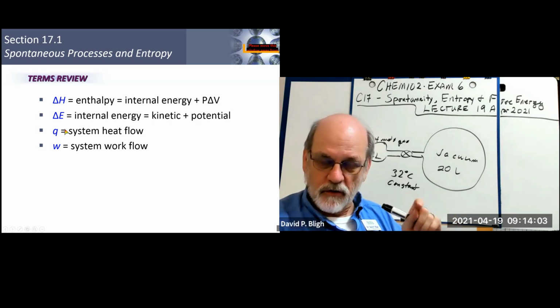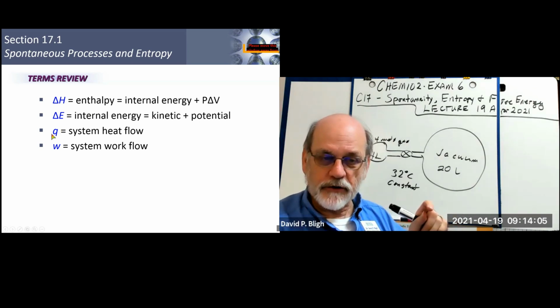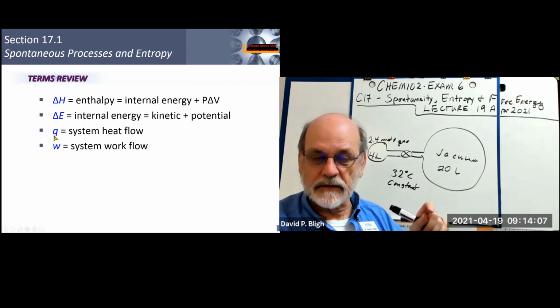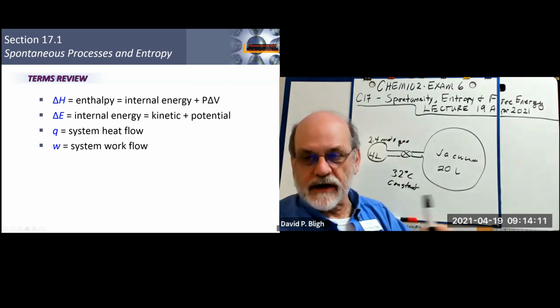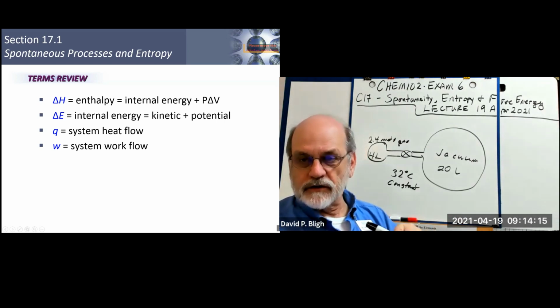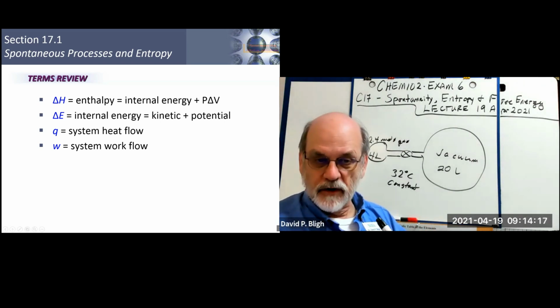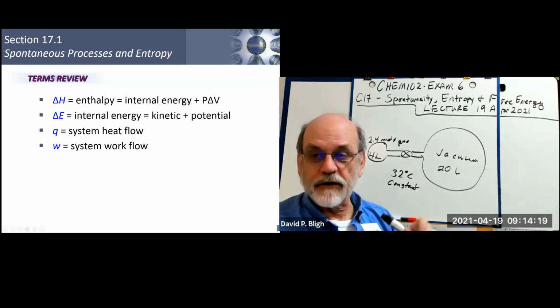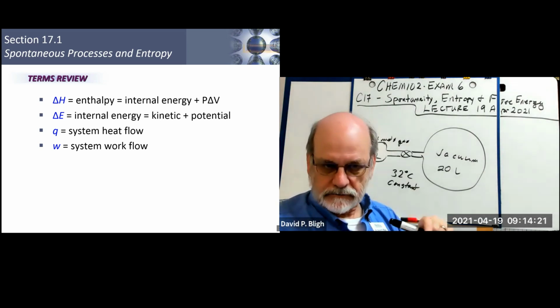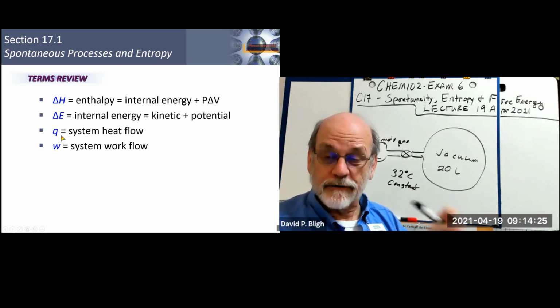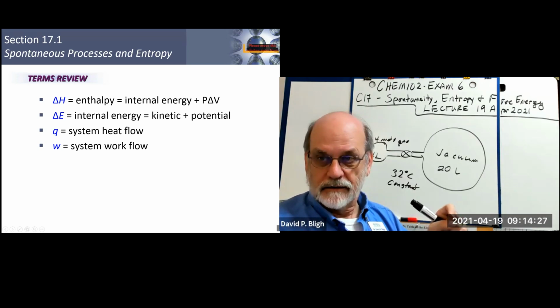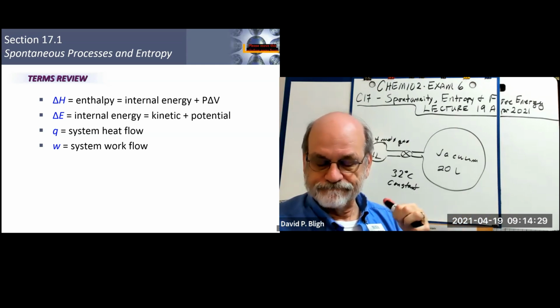Now, you remember, I hope, from first semester when we discussed thermochemistry, we sort of introduced concepts of thermodynamics there, but we didn't go into depth. We were only interested in the first law. When we describe Q, we're actually measuring heat flow into and out of a system.